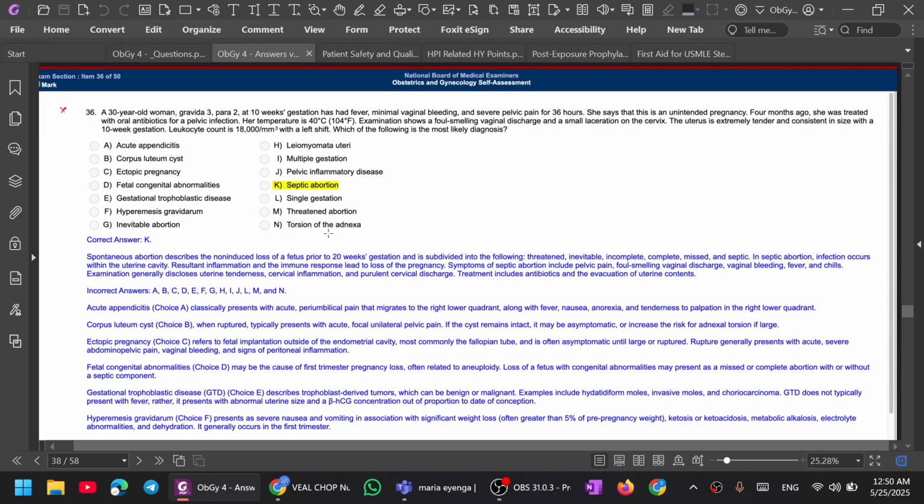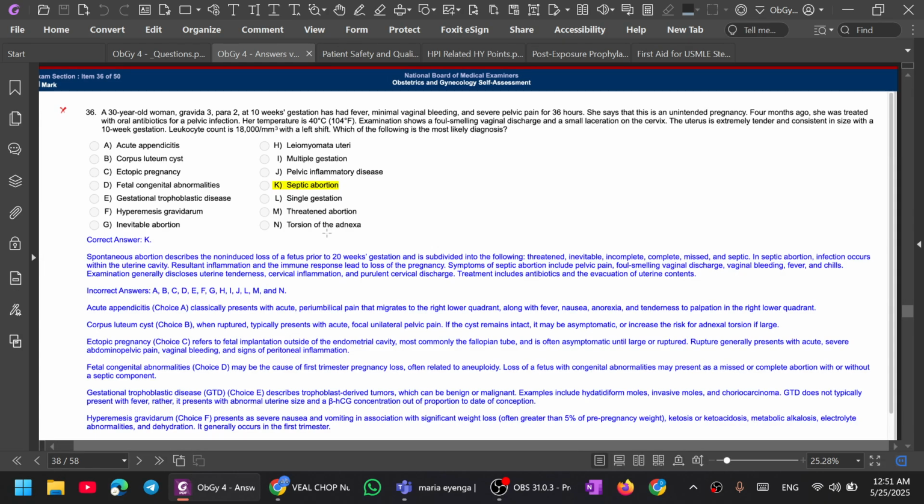Okay, so septic abortion. Spontaneous abortion describes the non-induced loss of a fetus prior to 20 weeks gestation and is subdivided into the following: threatened, inevitable, incomplete, complete, missed, and septic. In septic abortion, infection occurs within the uterine cavity, resulting in inflammation, and the immune response leads to loss of pregnancy.